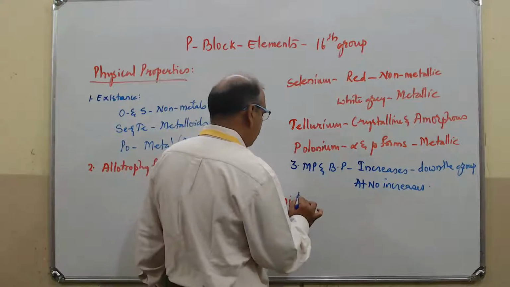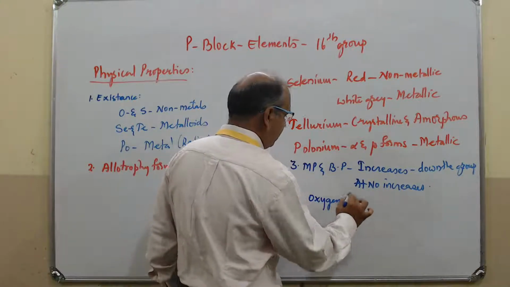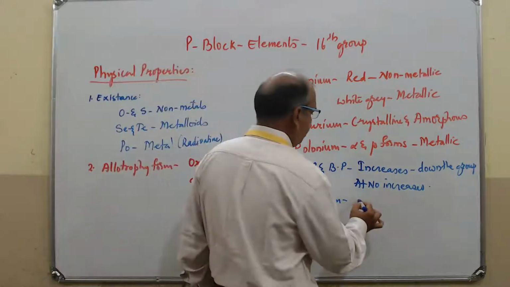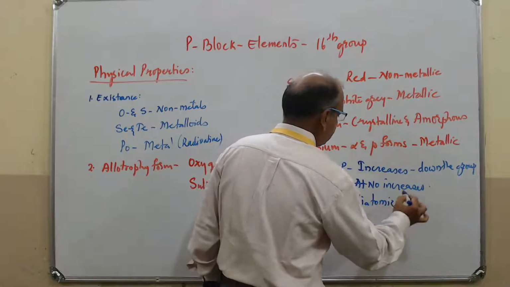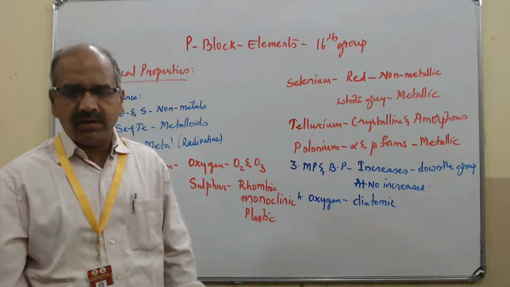Then one more property is about oxygen. Oxygen normally exists in the diatomic O2 form because it is stable. When it exists in the diatomic form, it is stable.